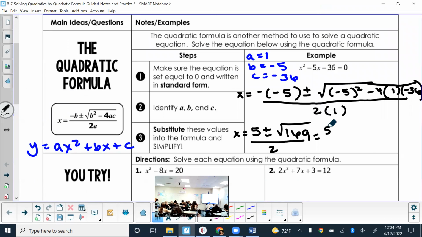So then I have 5 plus or minus, what's the square root of 169? 13 is correct. Feel free to use a calculator if you don't know. Divided by 2. And then we're solving for both cases. I like using the calculator for that part.